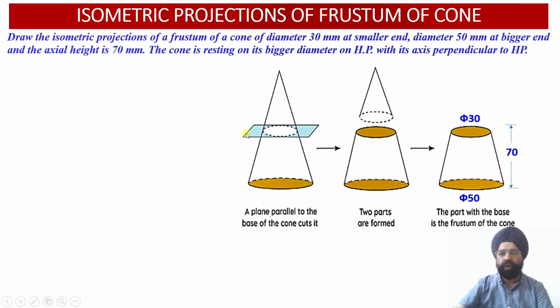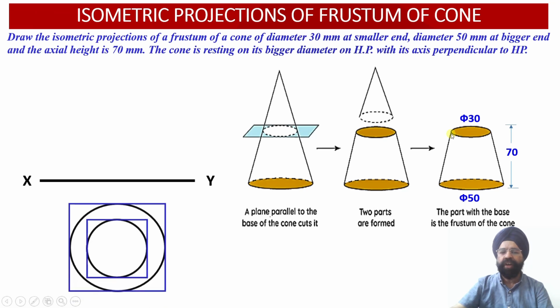So you see, this cone has been cut by a cutting plane which happens to be parallel to the base. The upper portion which has been cut will be discarded, so this portion we don't need. This remaining solid we are interested in is called the frustum of the cone.